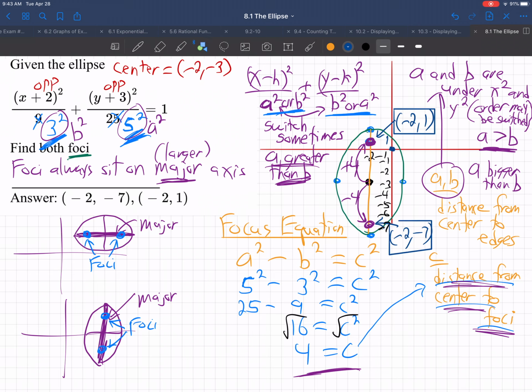And sure enough, those are the two answers over here. Back 2, down 7, and back 2, up 1. There's the two focus points. So that's a lot of work. Had to use the focus equation and everything. So make sure you practice that one, and you can do that one on the exam.